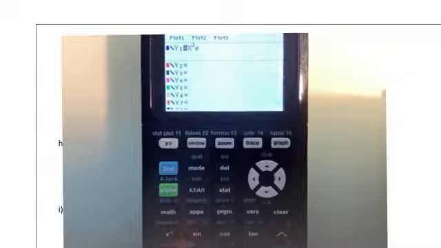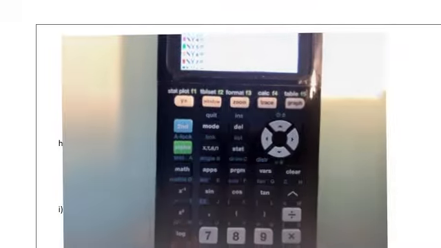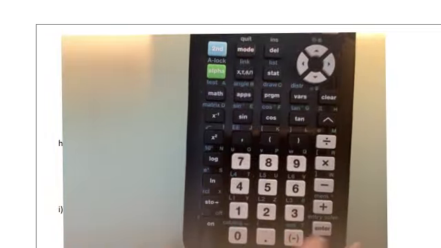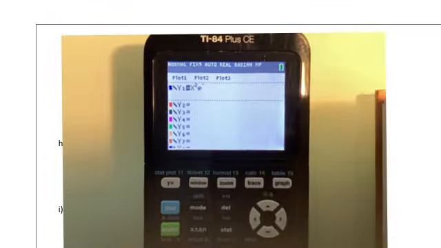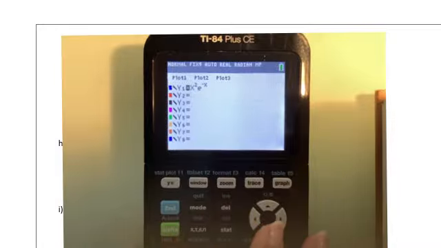There's also another way to do that, which is second ln, and then e to the, what do I want? Negative t, right? So e to the negative, make sure you use the negative sign at the bottom of your calculator when you're writing your equations like this, and then negative x. Okay, so this is my position.